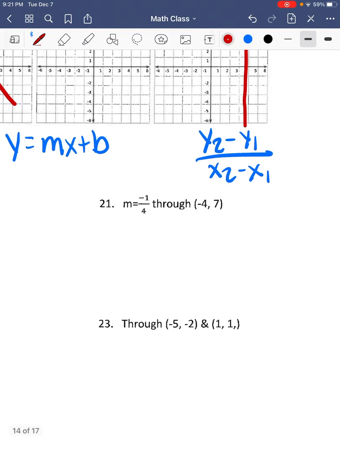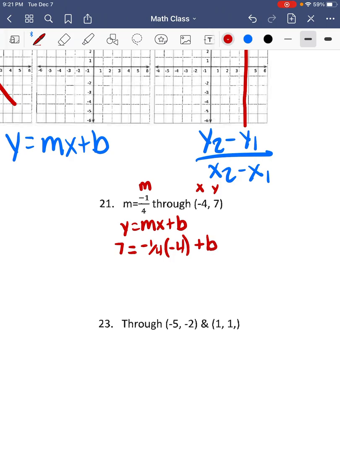So number 21, that's your m. It even says it right there. This is your x, this is your y that you're going to use in your y equals mx plus b equation. 7 is your y equals negative 1/4 times negative 4 plus b.